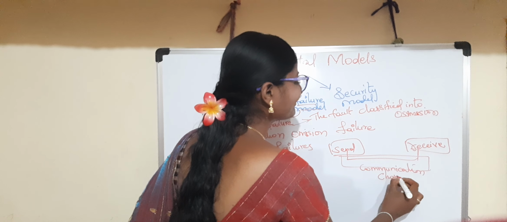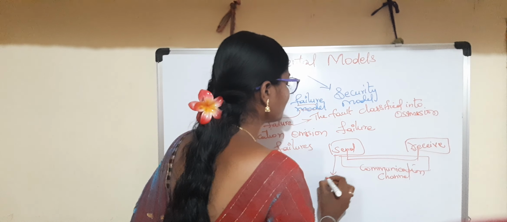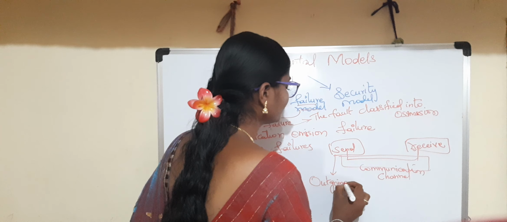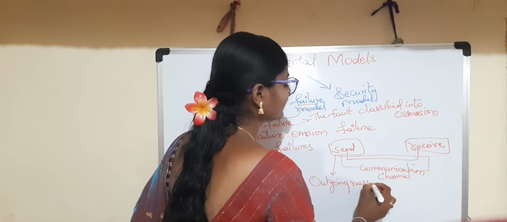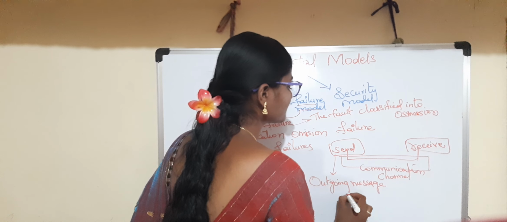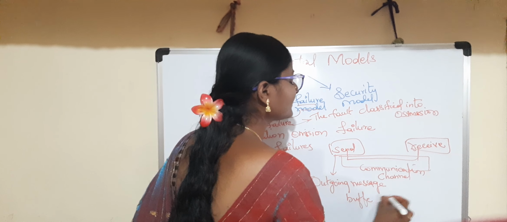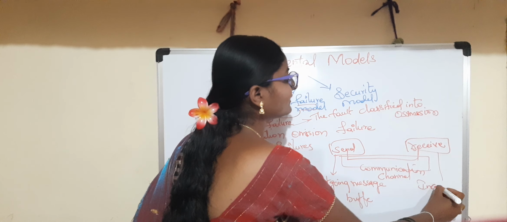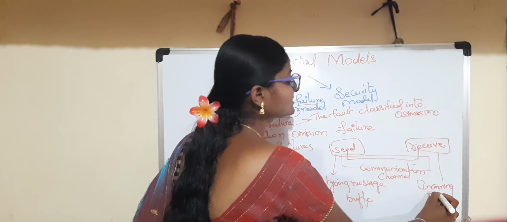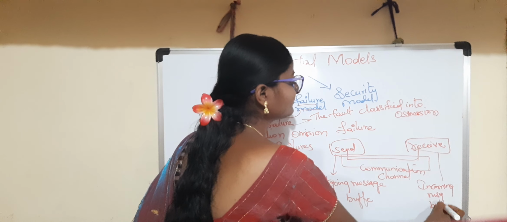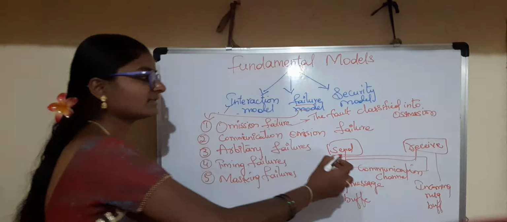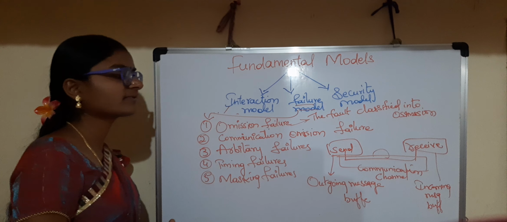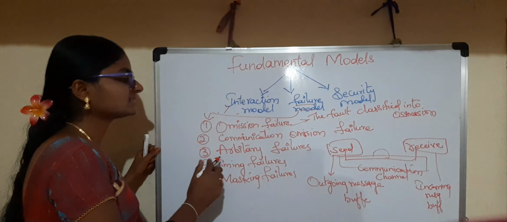This is the outgoing message buffer. Next is the incoming message buffer. Here receive means incoming message buffer. This is the sender and receiver. At that time we will have some interrupts. That is called the communication omission failures.